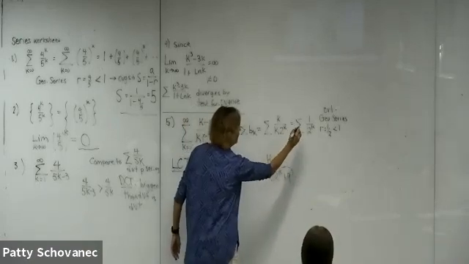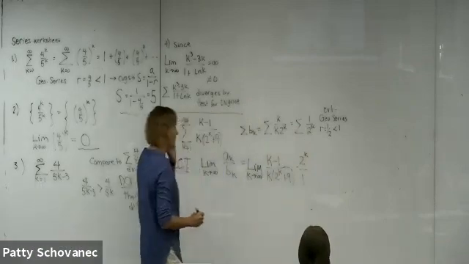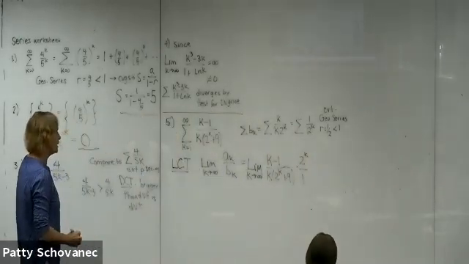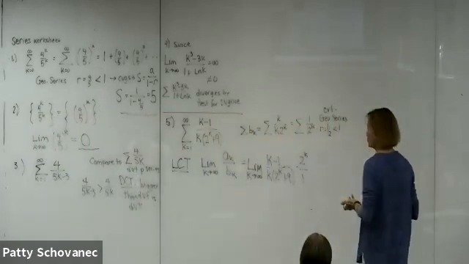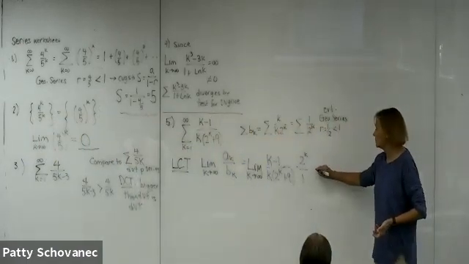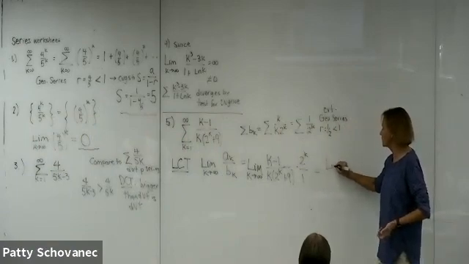So when I divide by that, I put the 2 to the k up here. And so they both behave of the order of k times 2 to the k as being the highest power.